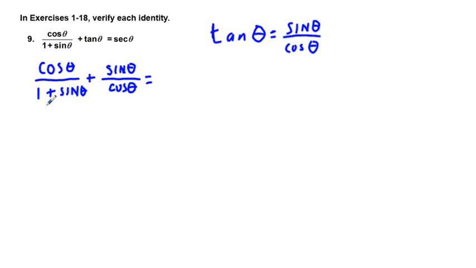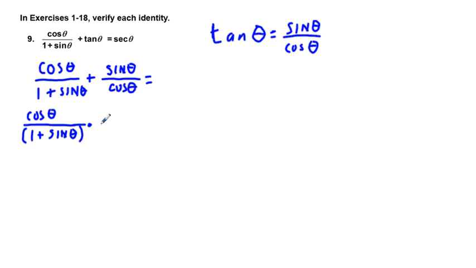I'm going to work this out. I'm going to rewrite first cosine theta over 1 plus sine theta, and in the denominator I'm going to wrap this 1 plus sine theta in parentheses for a reason I'll show you right away. To create a common denominator, we multiply these denominators together.